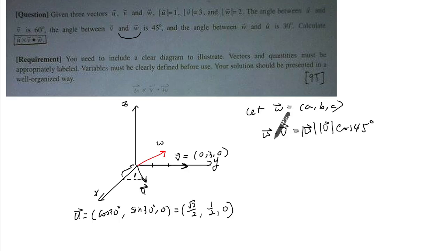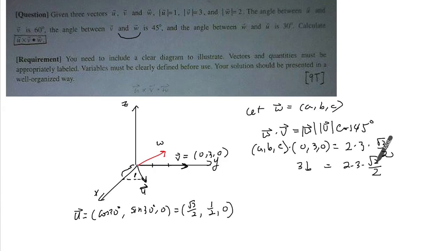So we can come up with an algebraic expression of the dot product: a, b, c dot 0, 3, 0 is equal to w is 2, v is 3, times 1 over root 2, or root 2 over 2. So this is just going to be 3b is equal to 2 times 3 times root 2 over 2. Simplify. Those get reduced, so b is just root 2.